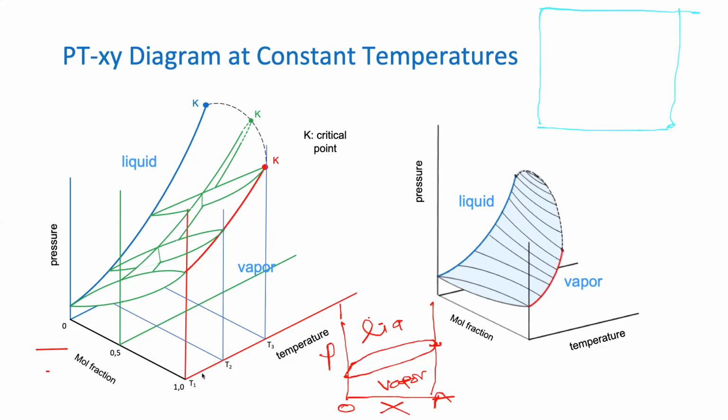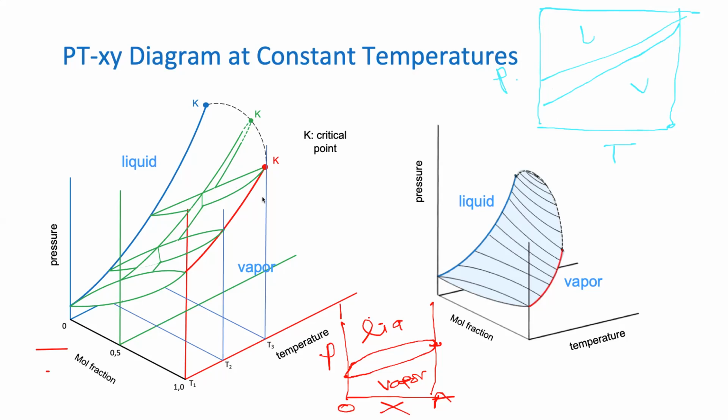Okay, so I have a temperature here, and I have a pressure, and then I have maybe this one there, like that. And then this is liquid, and this is vapor. But we don't often use this one, because usually the mole fraction is always changing. So we don't use this graph very often.